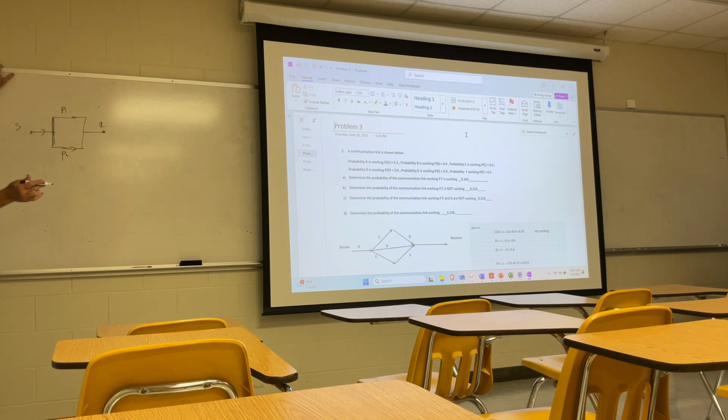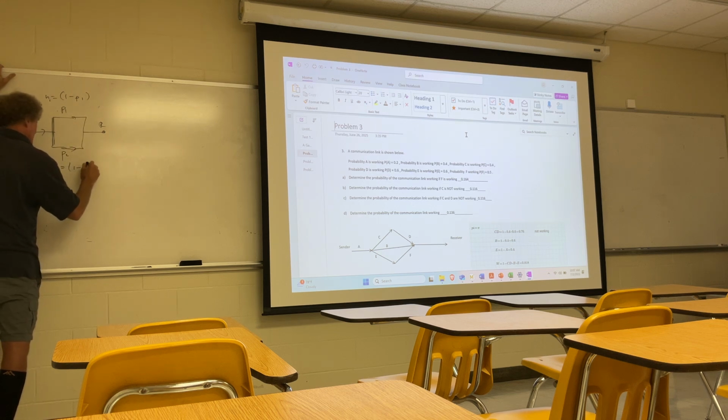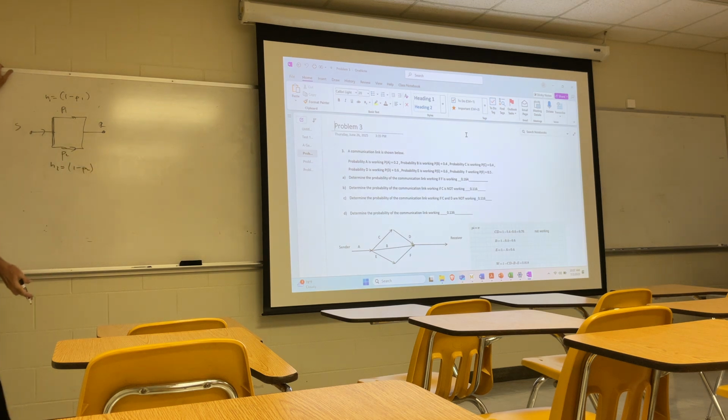You all with me? Now, if they're in parallel, you always go for the not operating correctly. So the not operating would be 1 minus P1 here, and then 1 minus P2 here. We can extend this for an infinite number, but we're just going to do 2.